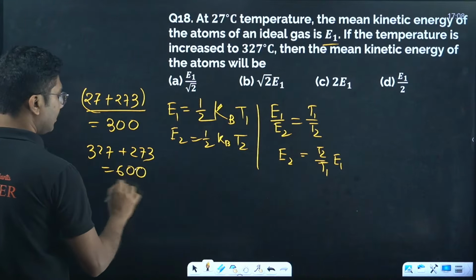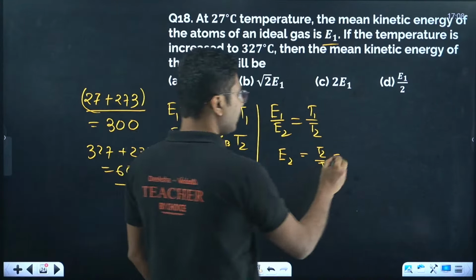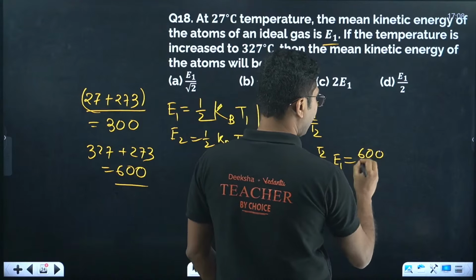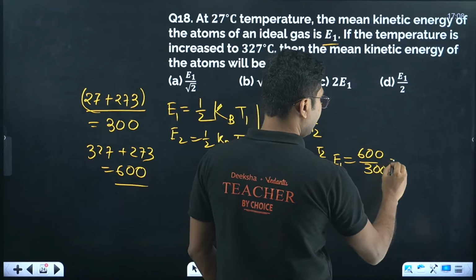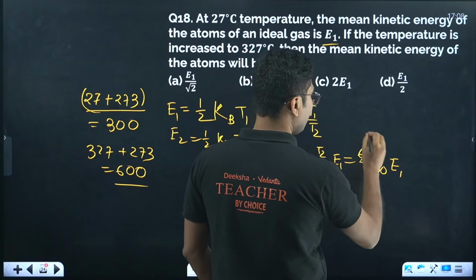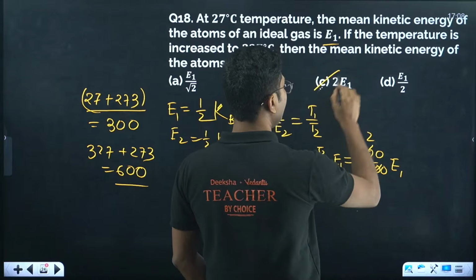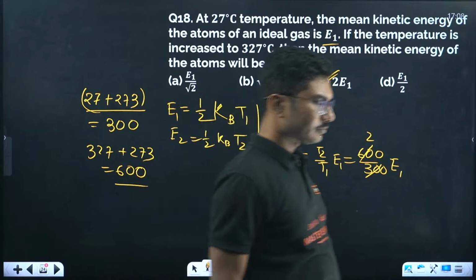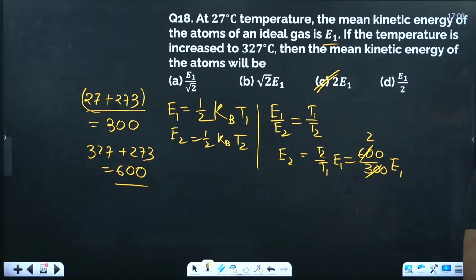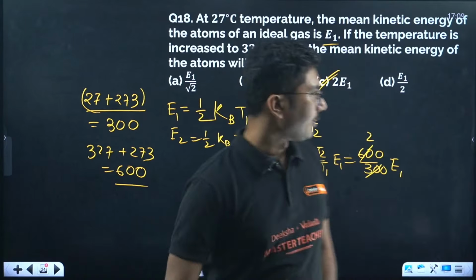That's it. Now put the values here: 600 by 300 into E1, which is 2. So the correct answer is 2E1. Option C. Yes, correct, option C.